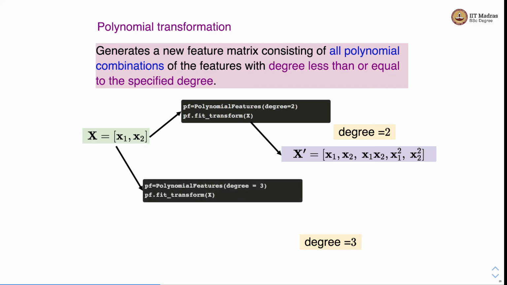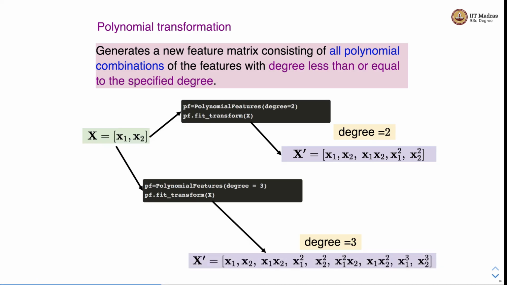In the same way, we can apply polynomial features of degree 3. And when we apply polynomial features of degree 3, you can see that we now have degree 3 features. The maximum degree of the polynomial is 3. So you can see that x1 and x2 are copied over as they are. There will also be 1 which is copied over by default. So there is 1, x1, x2, then the combinations x1 x2, x1 squared, x2 squared.